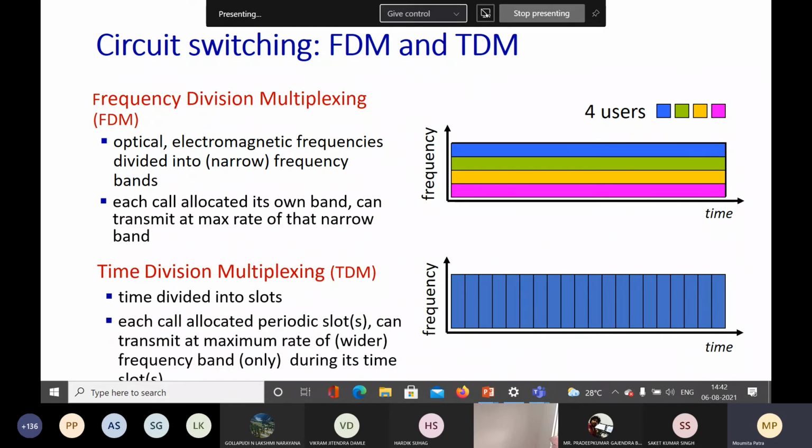You allocate periodic slots to the users and say you will transmit only in this particular slot. In that case, every user gets a wider frequency band for its entire time slot, and the capacity also increases. You can see here.